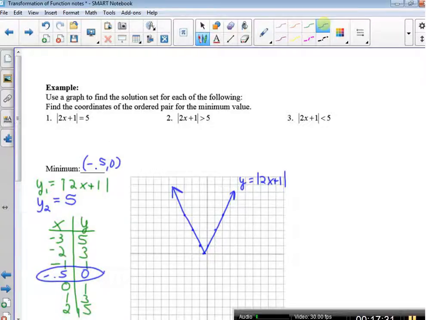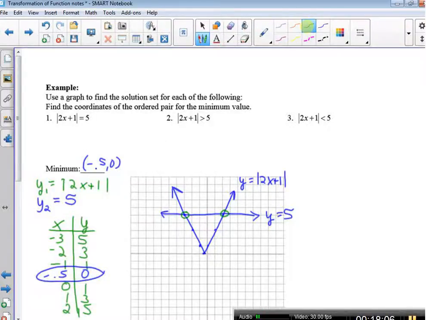Now, I know where that is without having to use the calculator. Let me go in blue. There's y equals 5. So I'm going to use this graph now to find the solution of all these. So I need to know these intersections. I need to know the x-intersections. The y is 5, I can tell that. I can kind of count it.